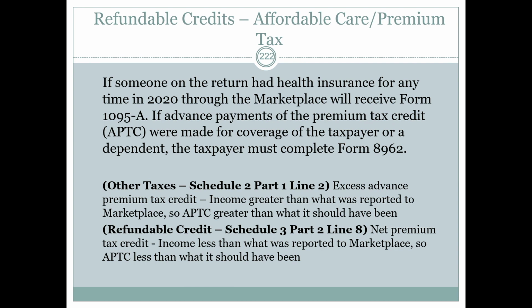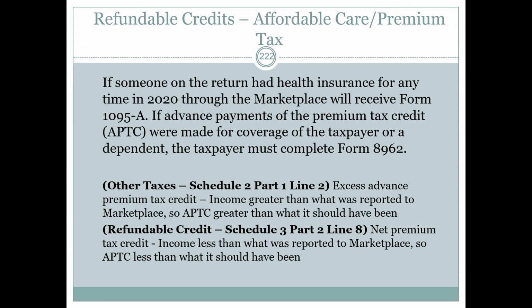If advance payments of the premium tax credit, and you may hear it referred to as APTC, were made for coverage of the taxpayer or dependent, the taxpayer must complete Form 8962. And based on the information that you input into TaxSlayer, this form will be automatically completed. Now, this section has two implications: under other taxes and under refundable credits.